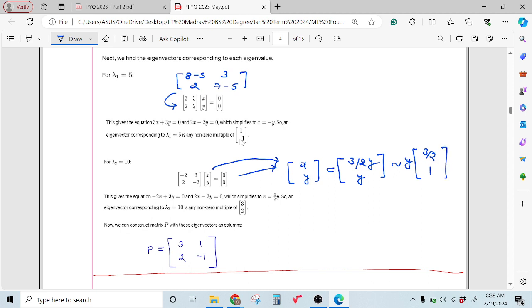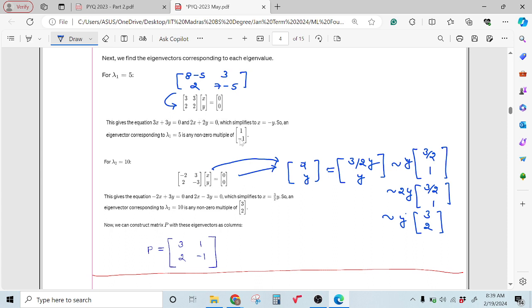Or you can simply multiply by 2, taking 2 as a common factor, so we get (3, 2). So this is a non-zero multiple of (3, 2).